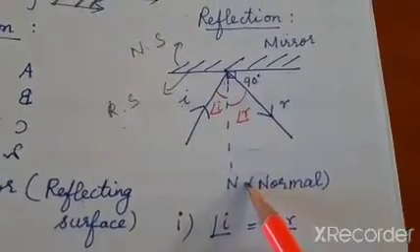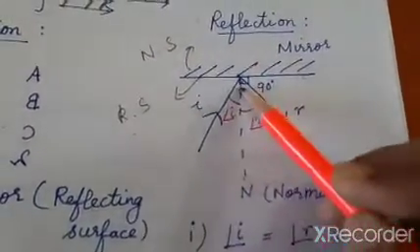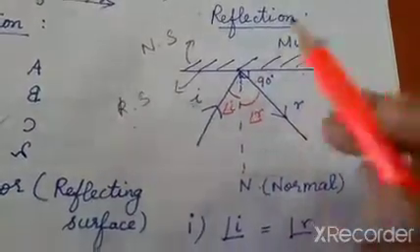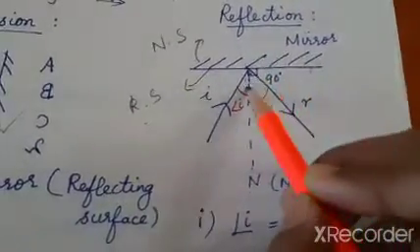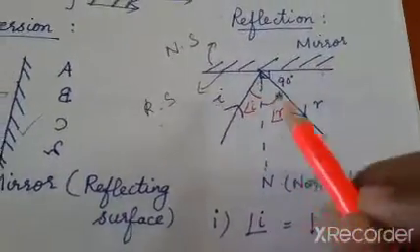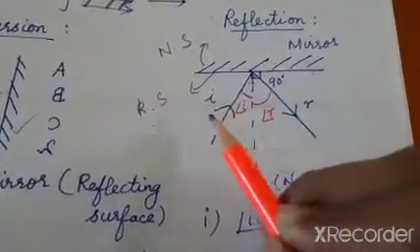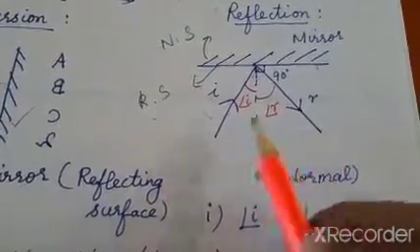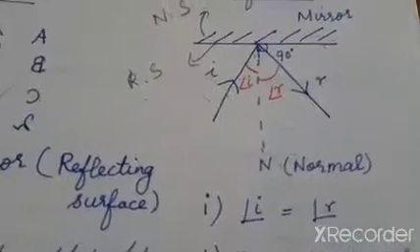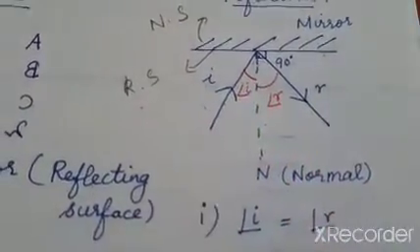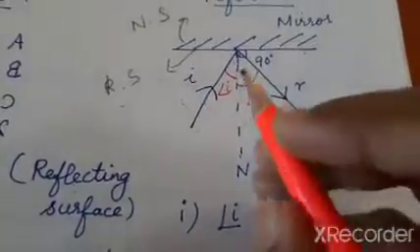Normal is nothing but a straight line drawn perpendicular, that is, at 90 degrees to your reflecting surface. When I draw a straight line perpendicular to the mirror, that line bisects both the incident ray and reflected ray at equal angles.